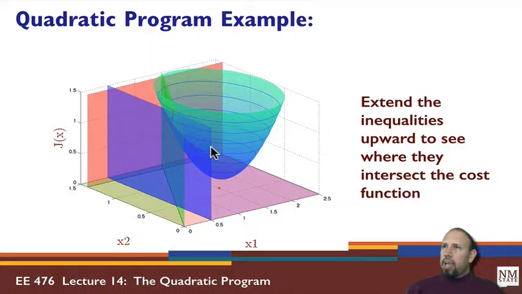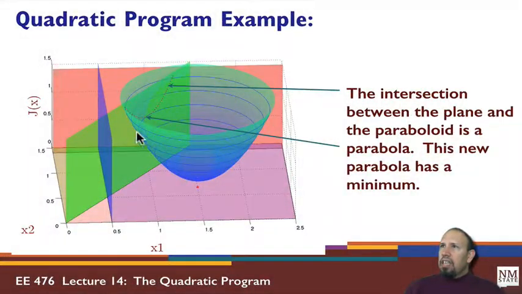I'm going to take this plot and rotate it. When we rotate it, we can see that this plane slices right through our cost function, and the intersection between this plane and our cost function ends up itself being a parabola. This parabola itself has a new minimum.